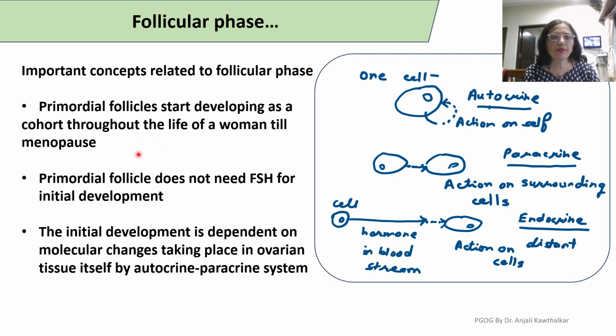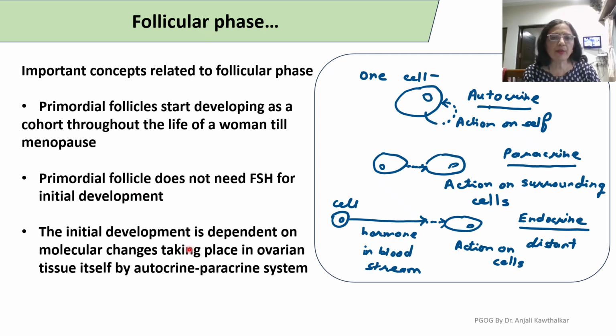And this process of development of the primordial follicles as a cohort takes place throughout the life of a woman. Primordial follicle does not need FSH for initial development is another most important concept. I want all of you to understand that follicle stimulating hormone, or normal functioning of the hypothalamo pituitary ovarian axis, is not necessary for this initial development of the primordial follicle.